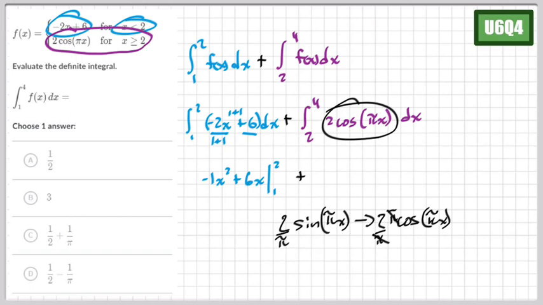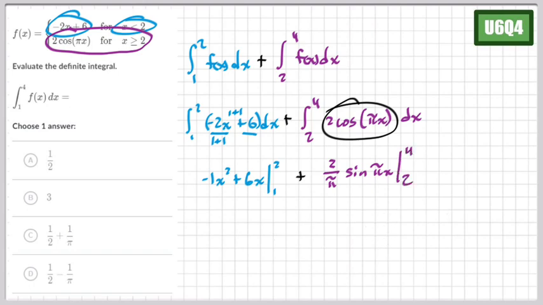Okay, so let's write that guy. We have 2 over pi sine pi x. And then we're going to plug in the 4 and the 2. Okay, so now we got to FTC these foos. That means we got to plug in the upper bound and then subtract, plug in the lower bound.